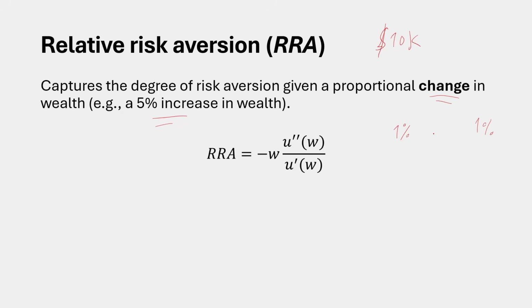Now, do we expect this to be different in terms of their risk aversion? Would the student be more risk averse about losing 1% of their wealth compared to a rich person? Intuitively, no, right? 1% is 1%. If this guy has 1 million, essentially he is risking to lose 100,000.